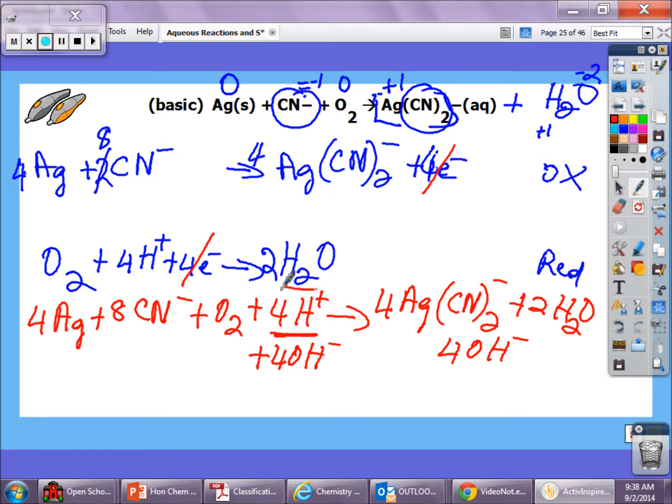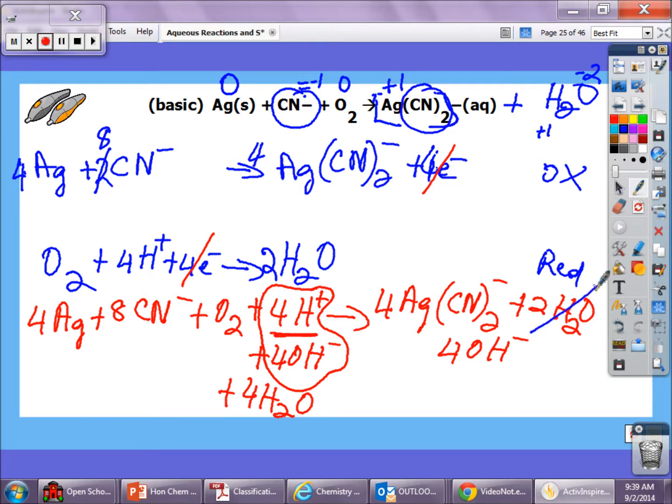Whenever you have H plus and OH minus, you combine them together to give you water. So I have 4 water plus 4 water here. And then I will reduce. I have 4 water on the left side. I have 2 water on the right side.